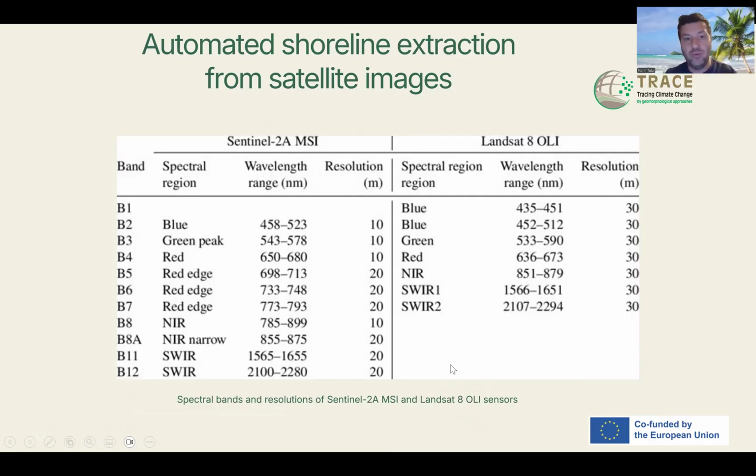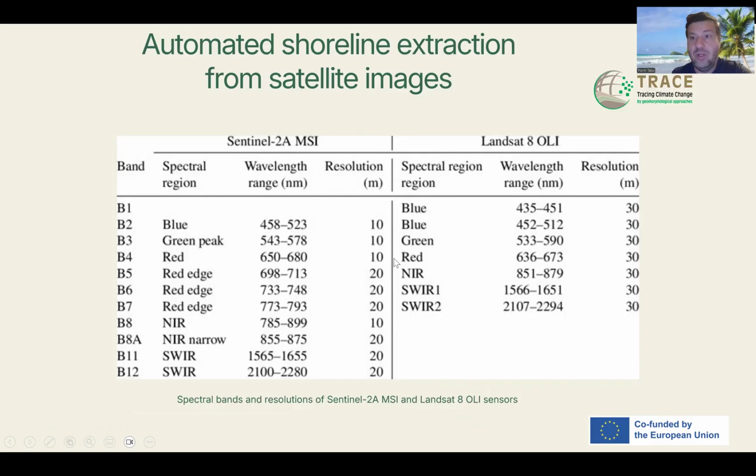And we have here two examples. Sentinel-2A, a satellite, has 11 spectral bands from blue, green, red, near infrared, and shortwave infrared, and the Landsat 8 satellite has 7 spectral bands. And you can see that, of course, each spectral band has a wavelength range and also a spatial resolution.